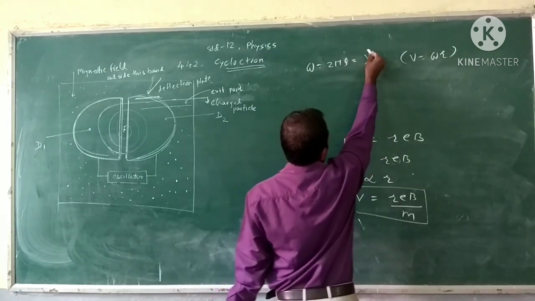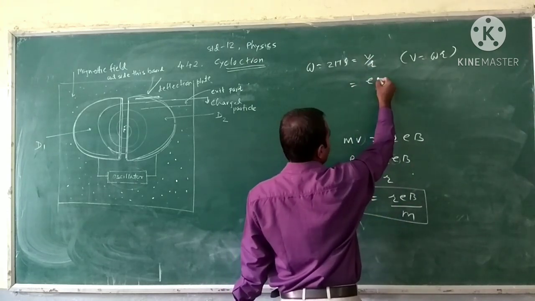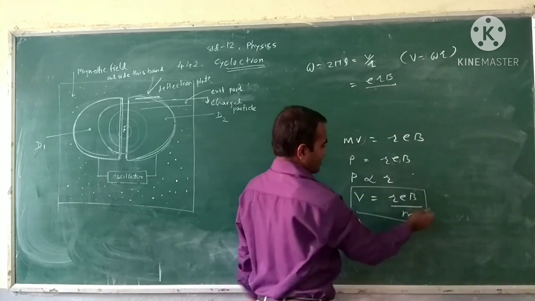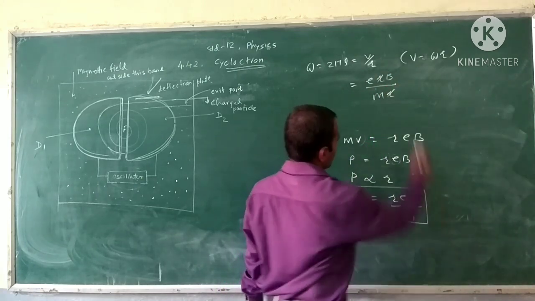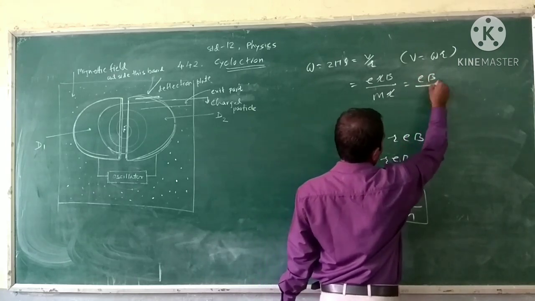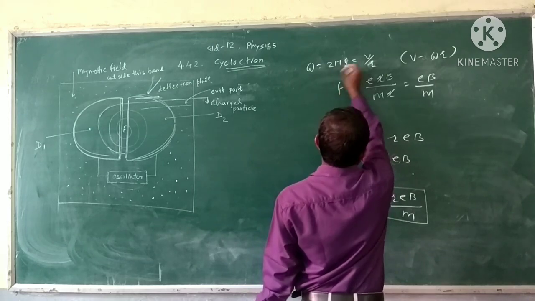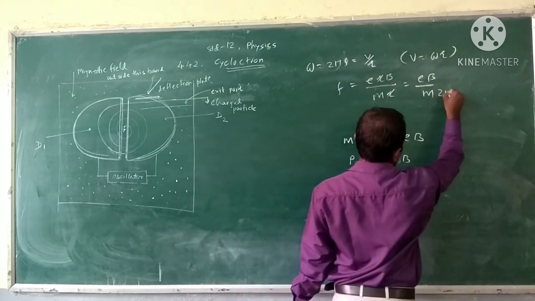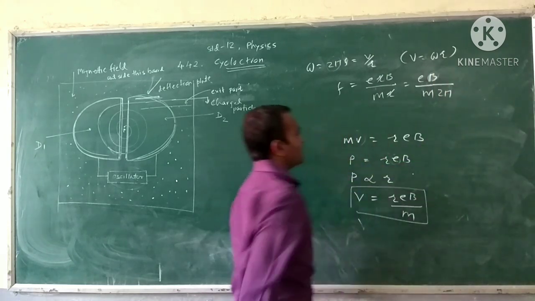Substituting the value of v from this equation, E R B by M, the R cancels out. So it is E B by M. Frequency f is equal to E B by 2 pi M, as 2 pi goes to the bottom side.